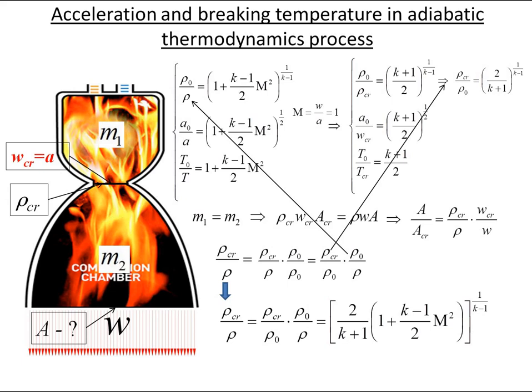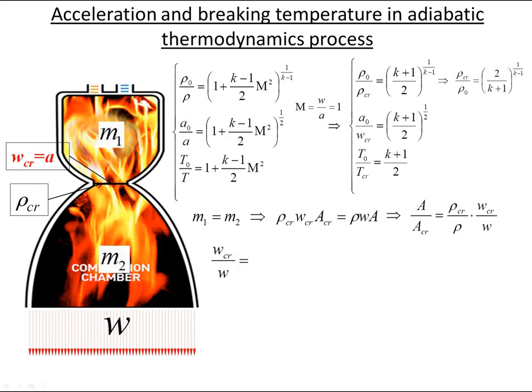The same technique will be applied to the velocity ratios, only with one additional step. For the critical velocity ratio, we multiply by two different types of speed of sound constant ratio. Rearrange terms in such manner. The critical velocity ratio we found from the critical values equation system.